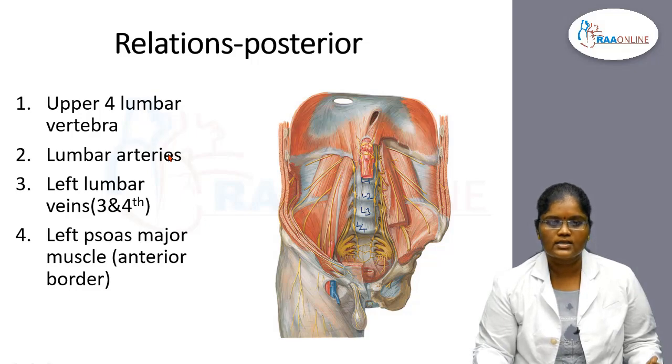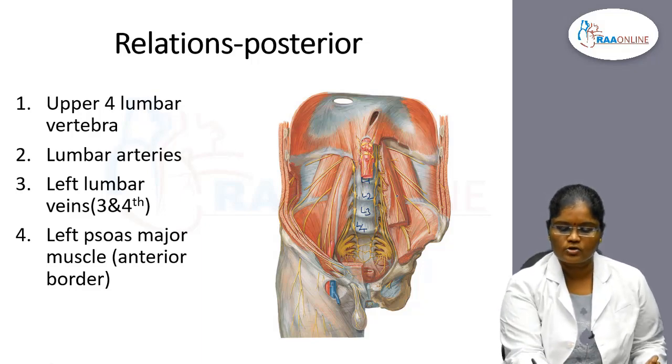The lumbar arteries are nothing but dorsal branches of the abdominal aorta. And then the third and fourth left lumbar veins. The abdominal aorta is somewhat deviated to the left closer to the termination, so it is related to the left psoas major muscle.